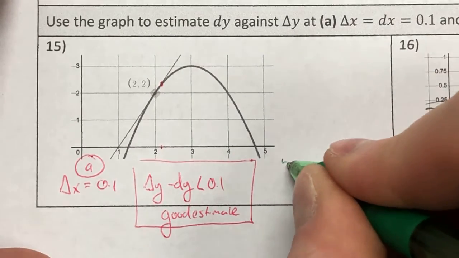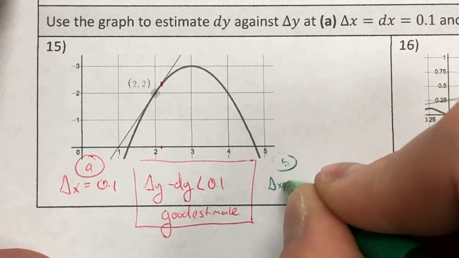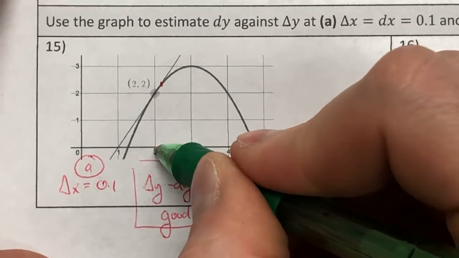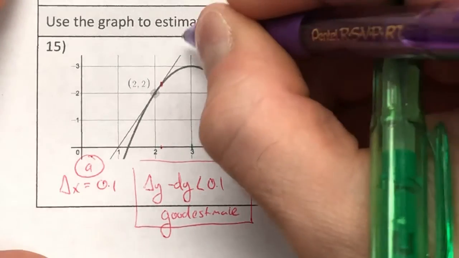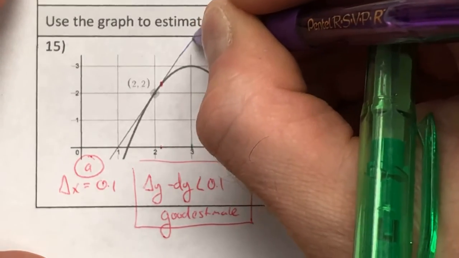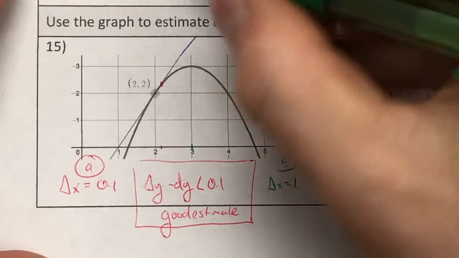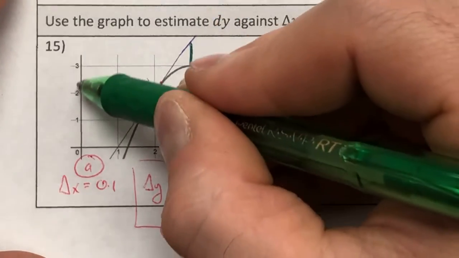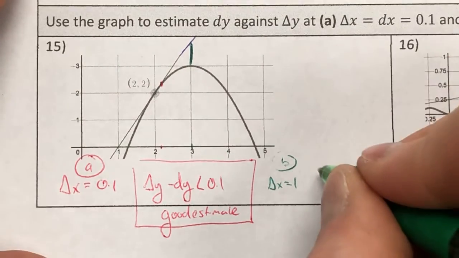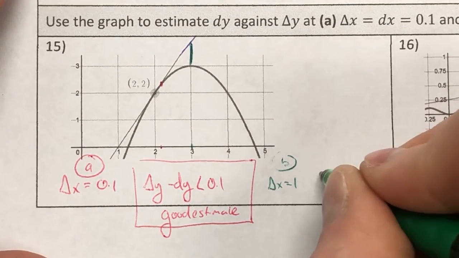Now, if I do a difference of 1, so for b right here, my delta x is equal to 1. That's from here to here. Oh, my graph doesn't even go that high. Let's go up there. So I have a change. Geez, it's almost 0.75 off. So let's actually put this the correct way.